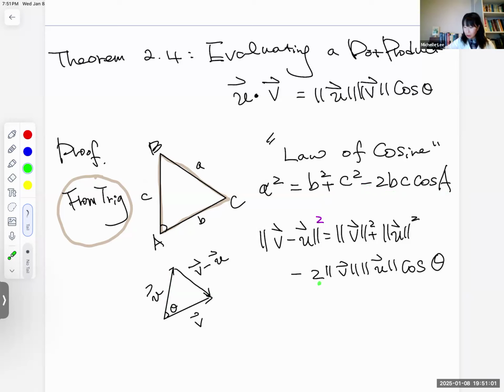So minus 2 times the magnitude of v, magnitude of u, cosine theta. Yeah. Okay.